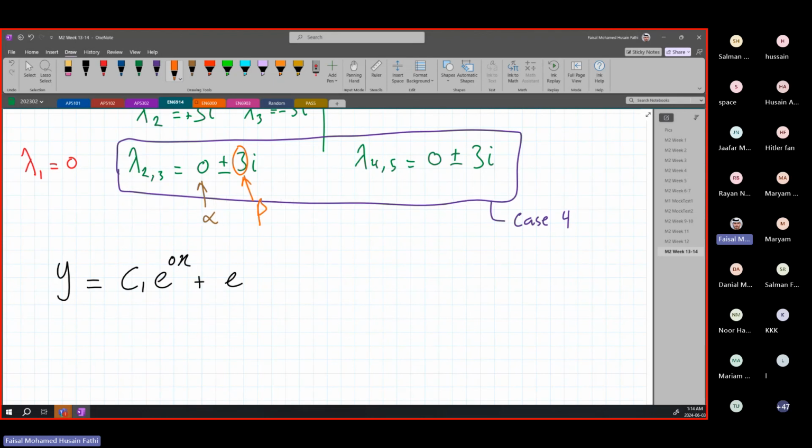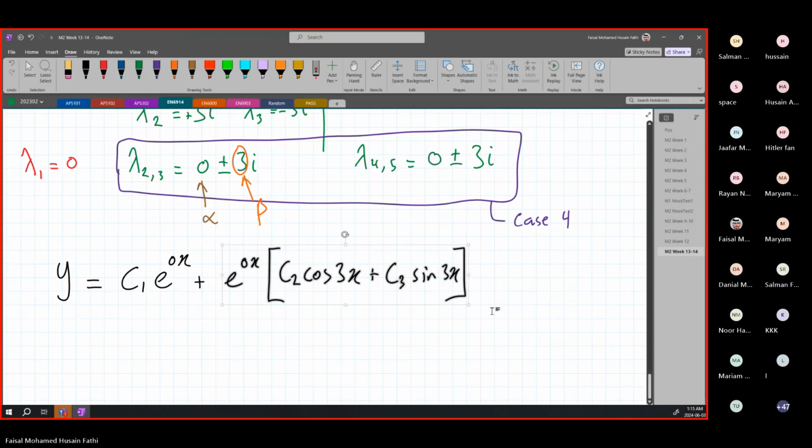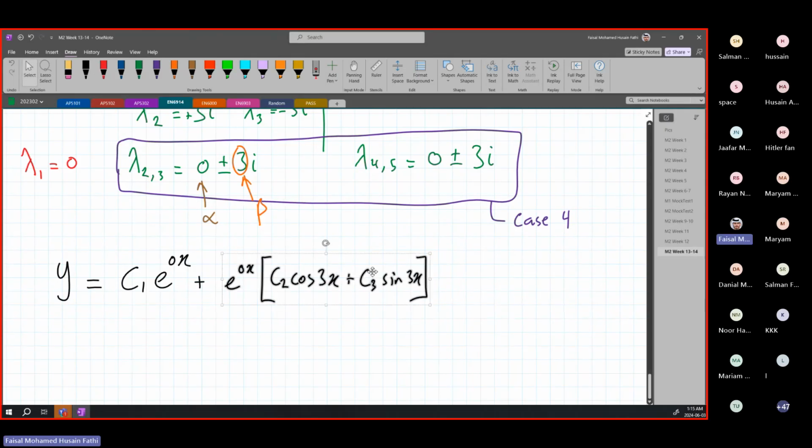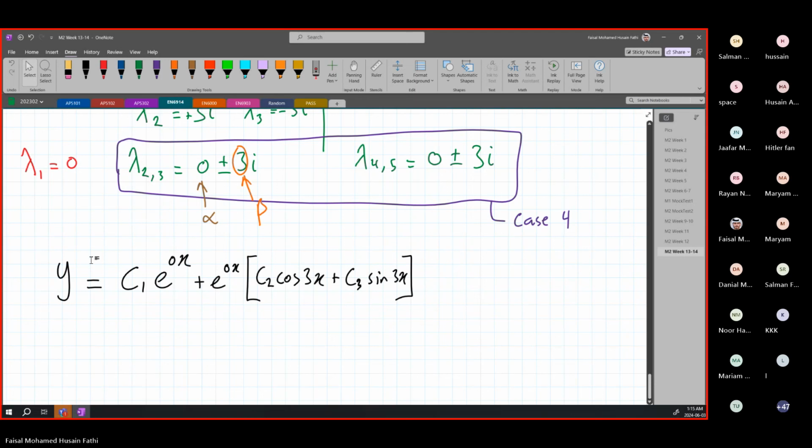All right. So e to the power of alpha, which is again 0x, times C2 cosine beta, which is 3x, plus C3 sine 3x, which is beta. This is the first part. Because it is repeated, we're going to have to do this again one more time.